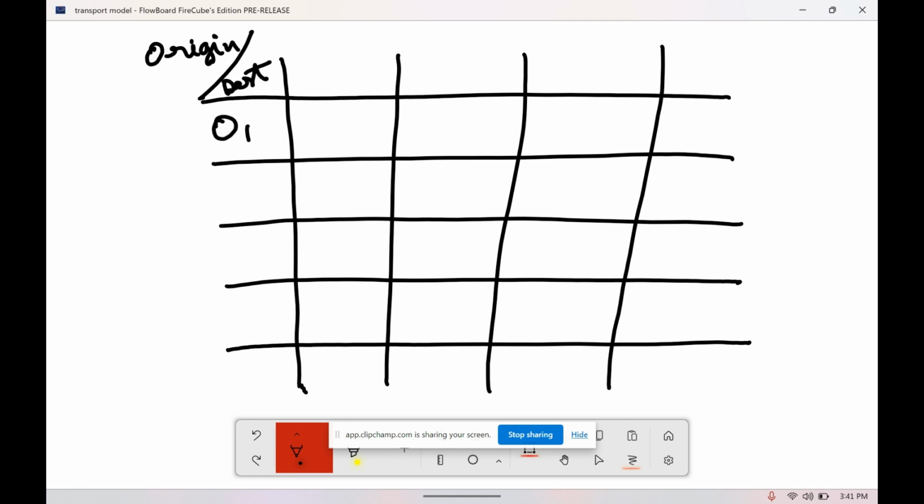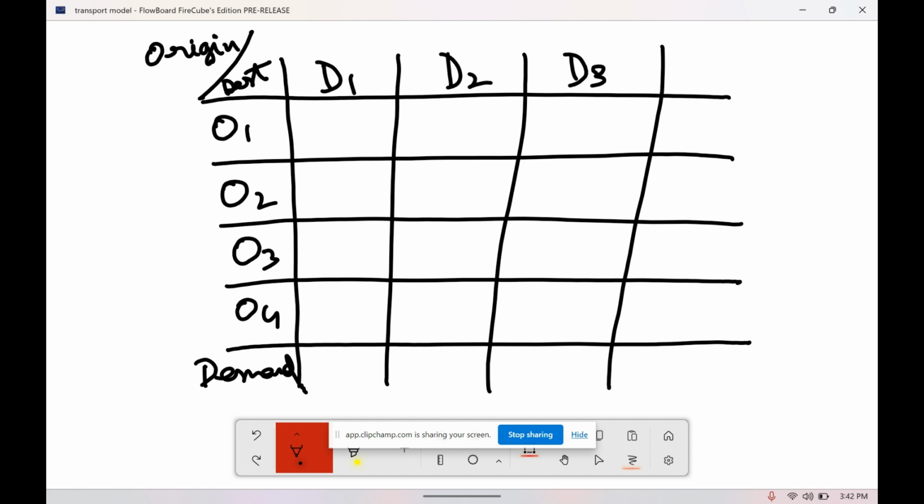Origin 1, origin 2, origin 3, origin 4, and this is the demand. Here we will write destination 1, destination 2, destination 3, and this is the supply.